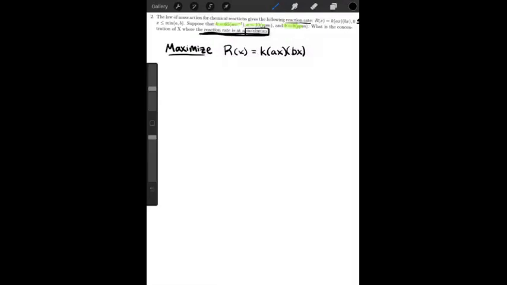So we have a whole lot of extra variables in this problem, but they're not actually variables, they're really just constants. Right? And we're specifically told what they are. We're told that k equals 65. We're told that a equals 10. And we're told that b equals 8.